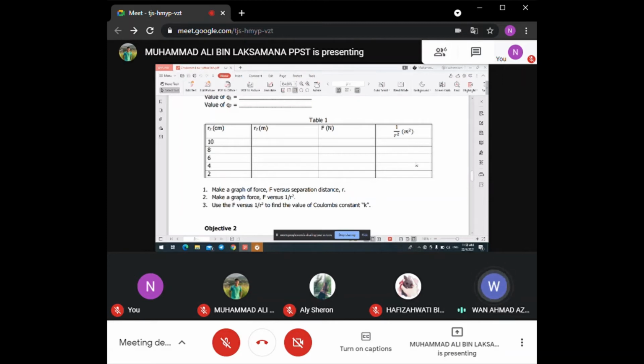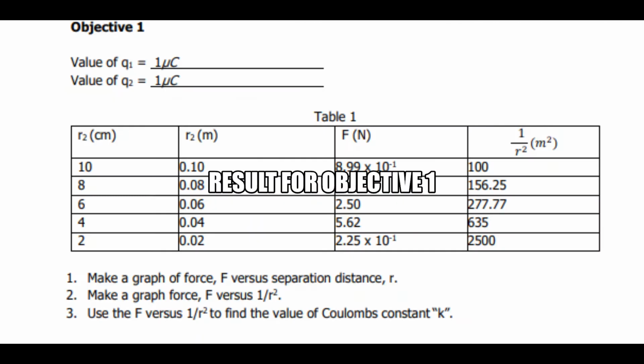For 4 centimeter, the value is 625. And for 2 centimeter, the value is 2500. And for the last part in objective 1 result, we need to plot the graph of force versus 1 over r squared to find the value of Coulomb's constant K.